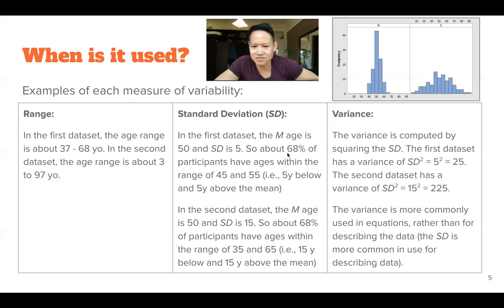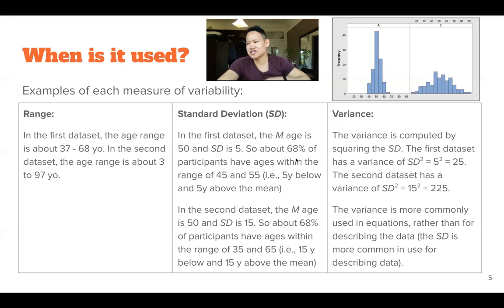It's about 5 years old under and over the mean. The mean here is 50. 5 years under would be around 45 right here, and 5 years over would be around 55. So about 68% of the scores fall within one standard deviation.